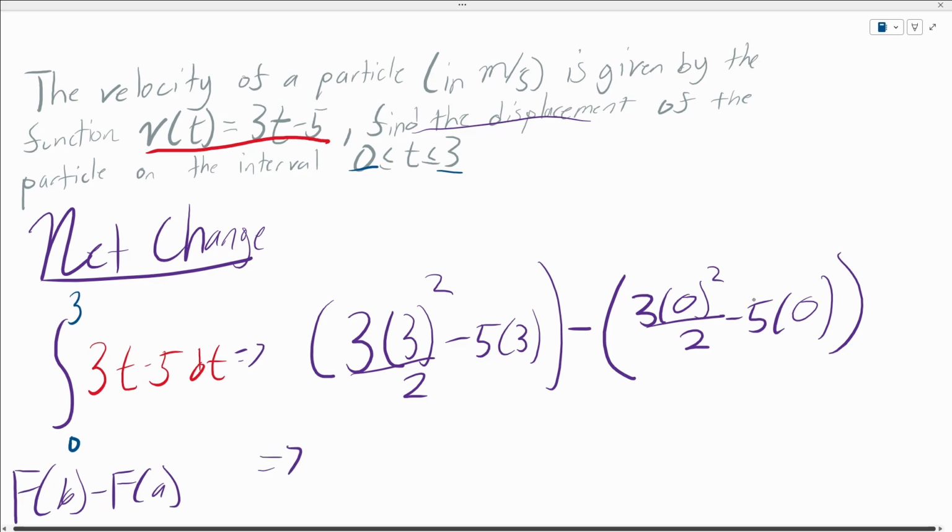So starting on the right side, 0 squared is going to become 0. 0 times 3 is 0. 0 divided by 2 is 0. And then minus 5 times 0 is 0. So everything just becomes 0 on the right-hand side.